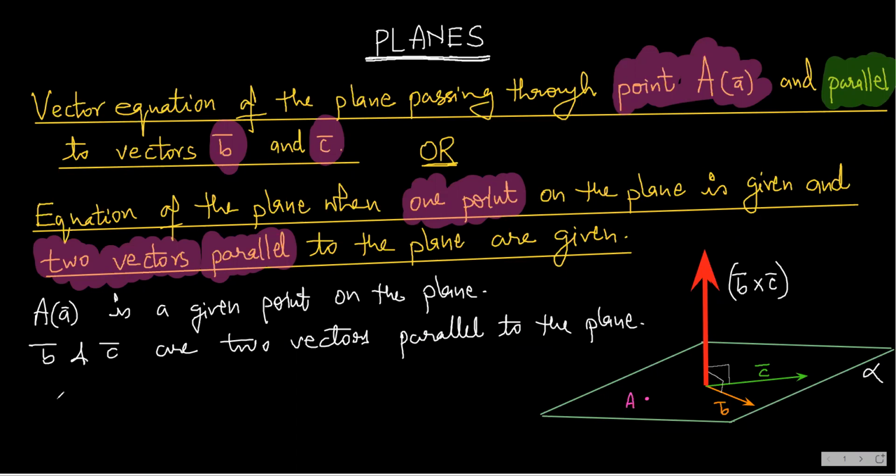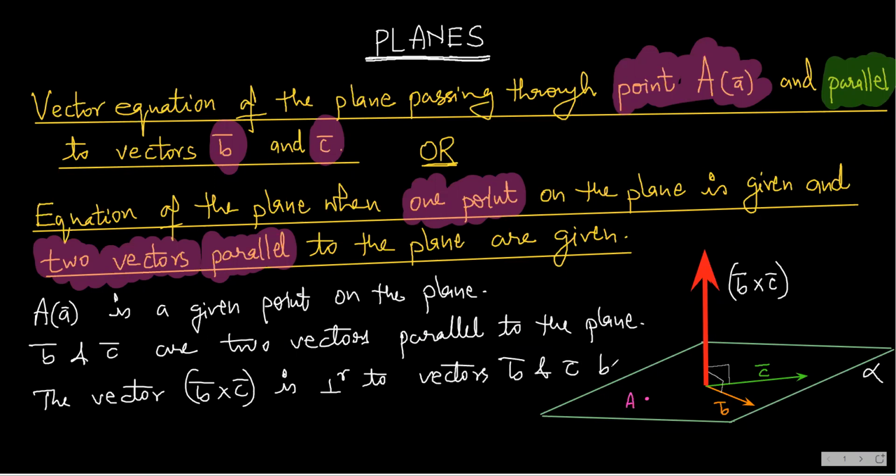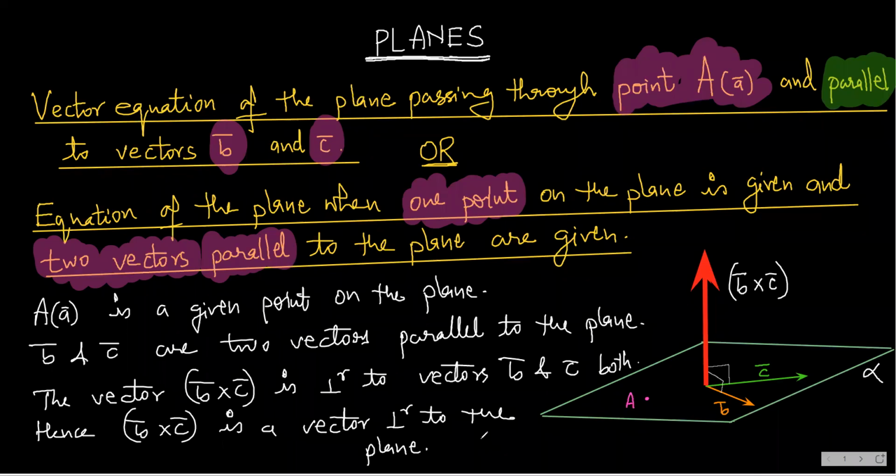I will write here, the vector B bar cross C bar is perpendicular to vectors B bar and C bar both. Hence, B bar cross C bar is a vector perpendicular to the plane.